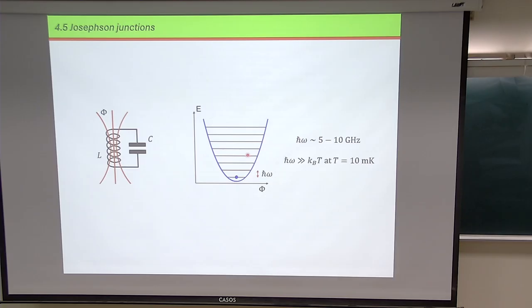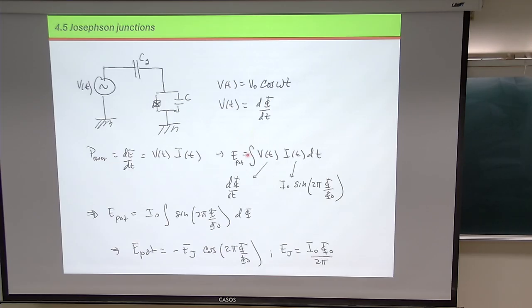Why? Because the energy of the Josephson junction goes like the cosine of this flux. This is the potential energy of the Josephson junction. There are some equations here, but it just goes like the cosine of the flux.